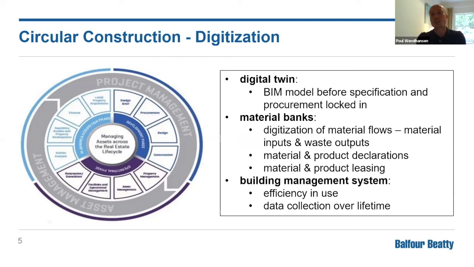But things that need to be in there at the start to really help us think this through are commissioning from customers of actually having a digital twin, getting the BIM model well developed before specification and procurement is locked in. And then thinking, right, the built environment's already there if it's an existing building, and a lot of carbon energy has already gone into that.